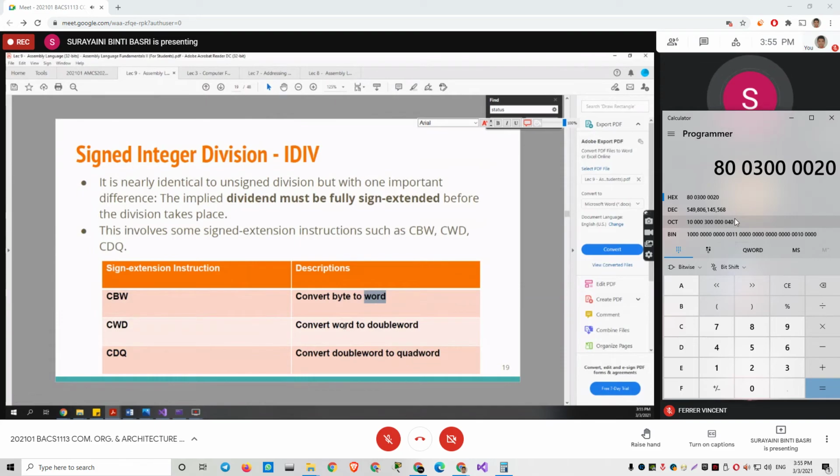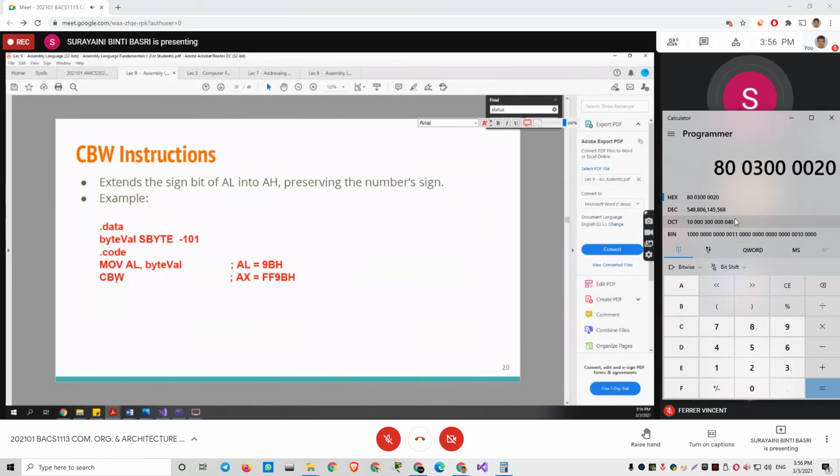If you want to convert your 16 bit to 32 bit, then you need to use CWD. If you want to convert double word or your 32 bit to 64 bit, you need to use instruction CDQ. So how to use this? Just put that instruction right after the value that you want to extend.